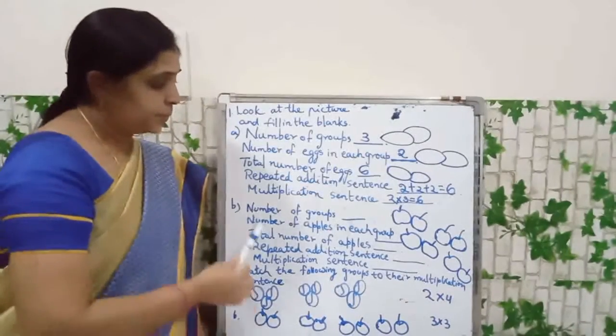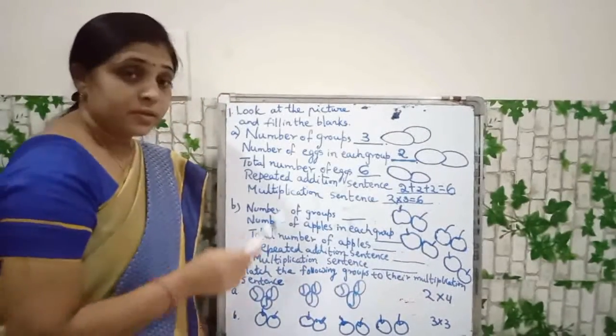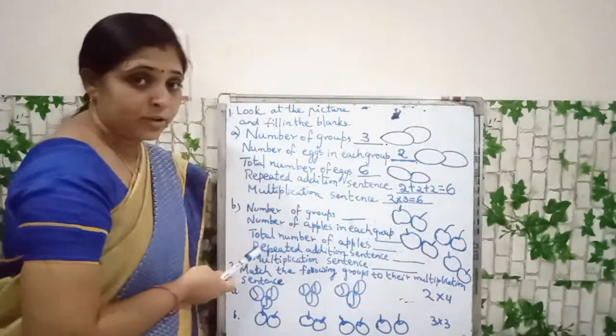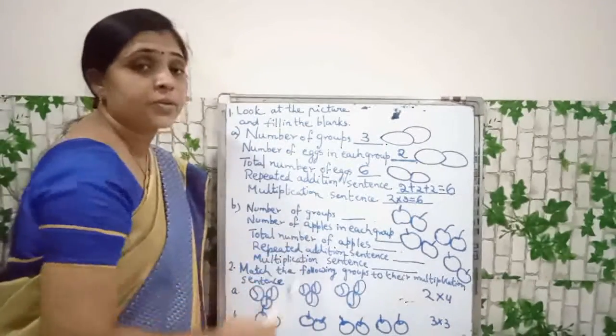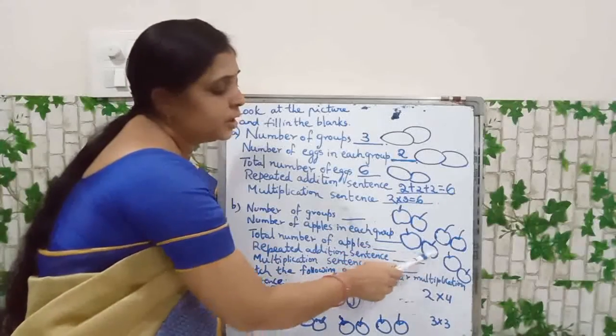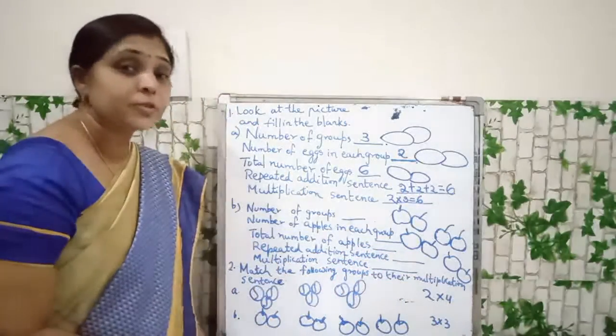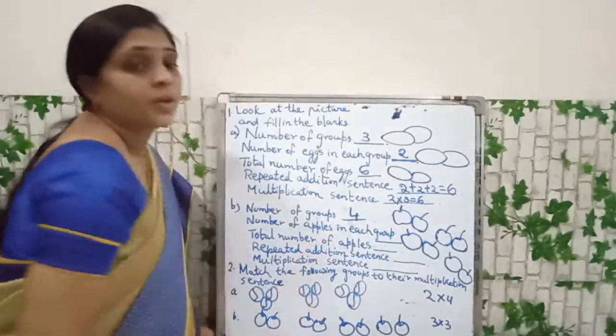Okay, next B. Here are some apple groups. See properly there and write down in the blank. First one, number of groups. How many groups are there? 1, 2, 3, 4. Yes, how many groups are there, children? 4 groups. Understood?